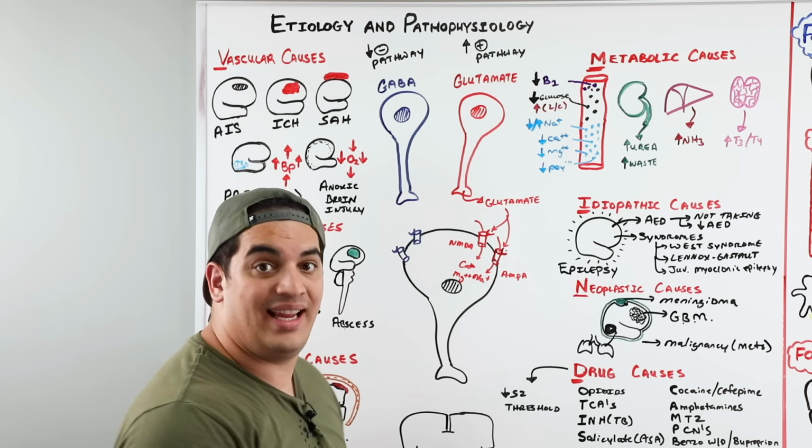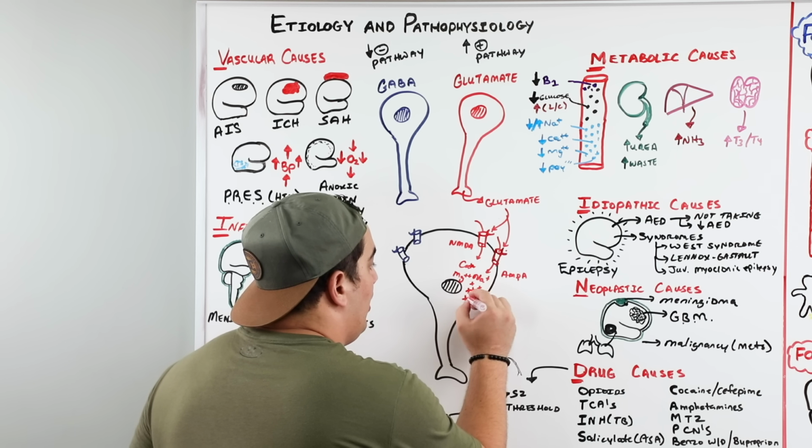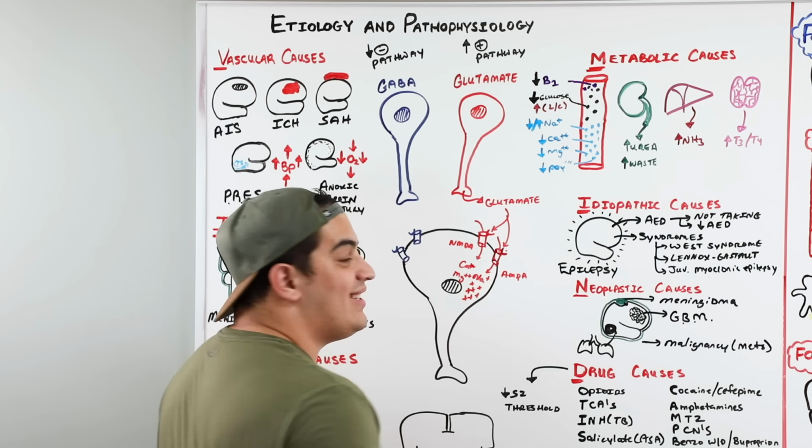Whenever cations enter into a neuron, what do they do to the inside of the cell? They make the inside of the cell super positive. When you make the inside of the cell super positive, that creates just enough positive charge to activate voltage-gated channels that are present on this axon and lead to a propagation of depolarization down this axon. What is that called? An action potential.